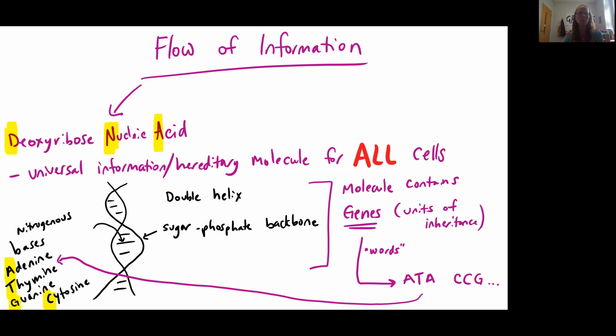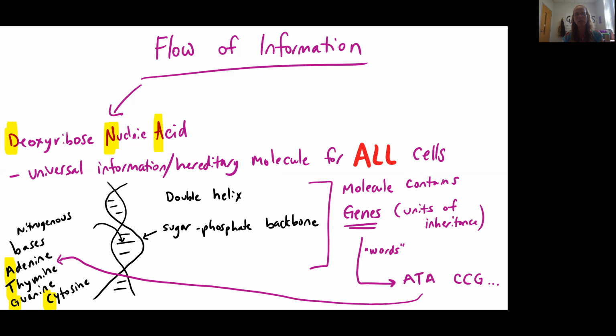Now, genes are composed of what we can think of as words. We're going to, in the future, call these codons, but I haven't put that term here for you yet. Your words on your gene are composed of those bases. So we'll see them in groupings of 3 bases together. So like ATA would be a word, CCG would be another word when we're talking about our gene.